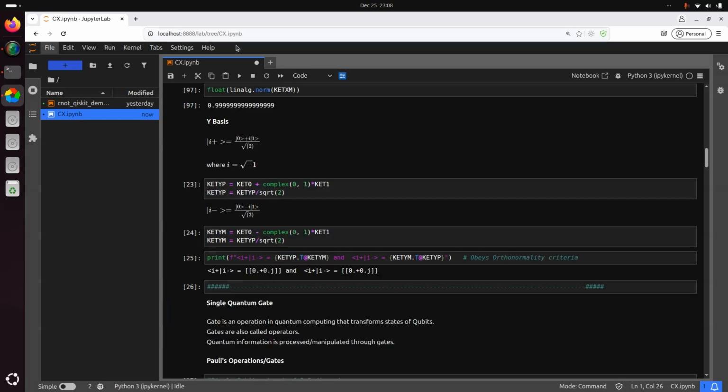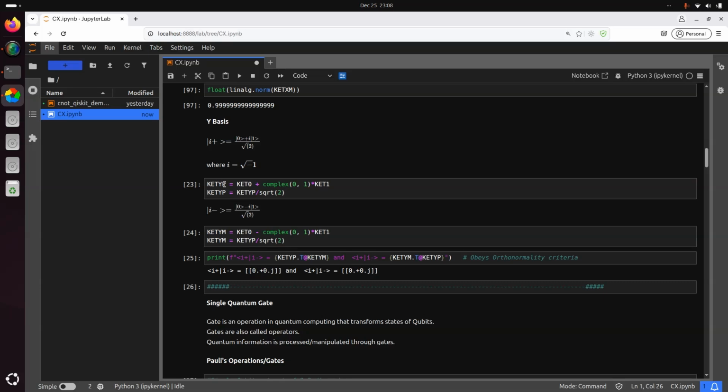And finally, the y basis. The y basis is defined in this manner: i plus and i minus, and this is the representation. It's a linear combination of ket 0 with ket 1 with a plus or minus i in between. That's the phase of 90 degrees in general, where i is the square root of minus 1.